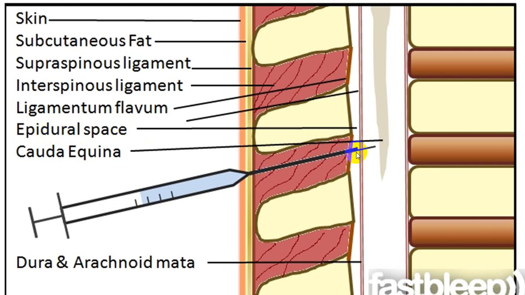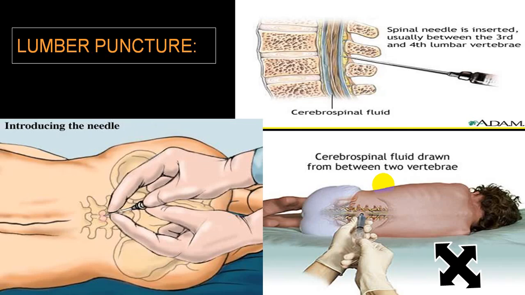As soon as you just give a little force, you will get a give way and you will enter into a subarachnoid space. And once you enter into the subarachnoid space, now you will have to withdraw the stylet. So gradually you introduce in that particular space and enter into subarachnoid space.